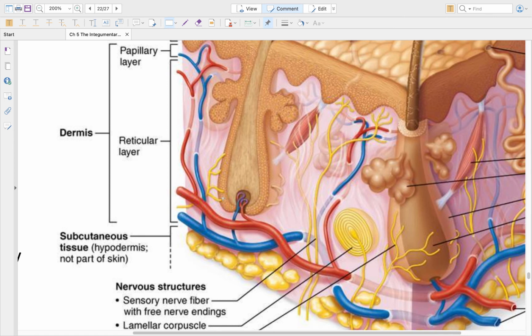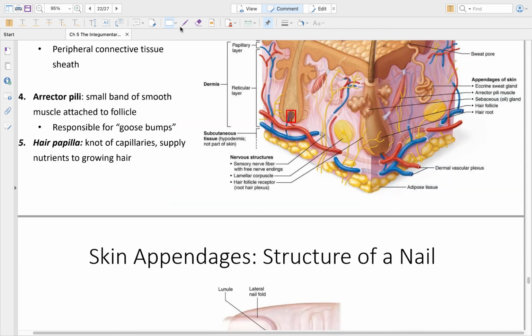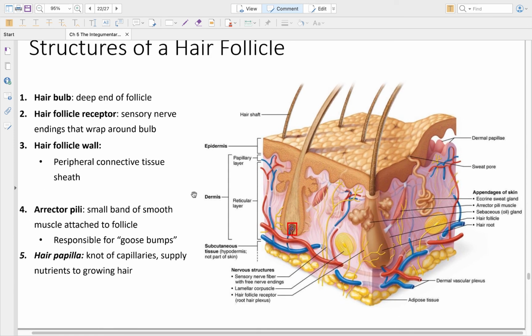Notice that the cutaneous plexus has a network of capillaries right there inside of the hair follicle, supplying oxygen and nutrients to the hair itself. Okay. Now, ultimately, the bottom part of the hair is referred to as the hair bulb. Of course, these are the hair follicle receptors.